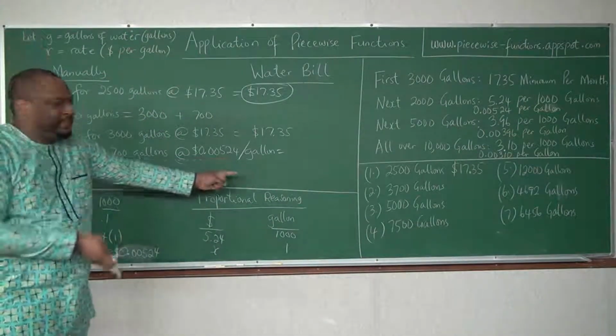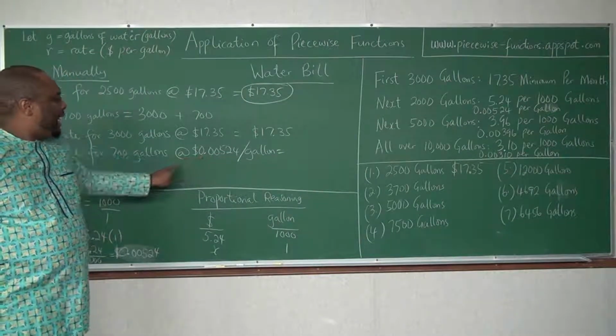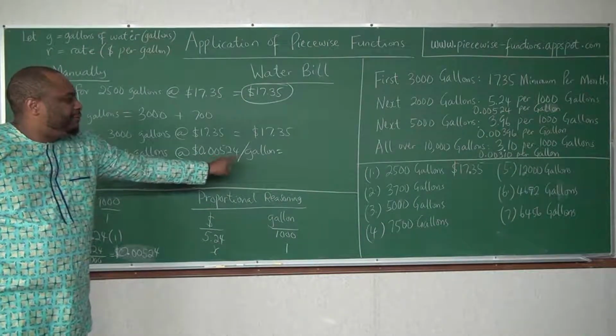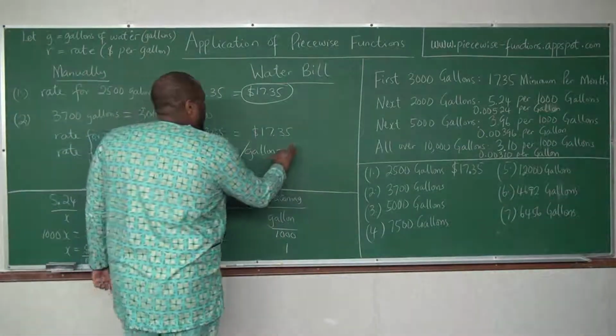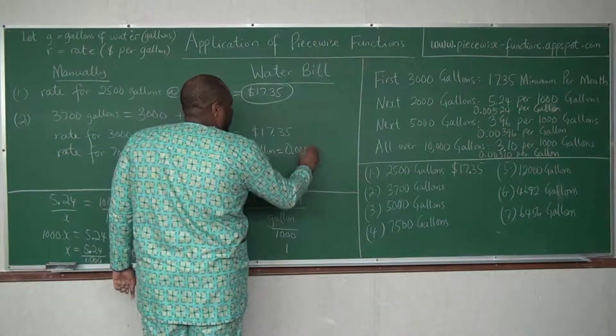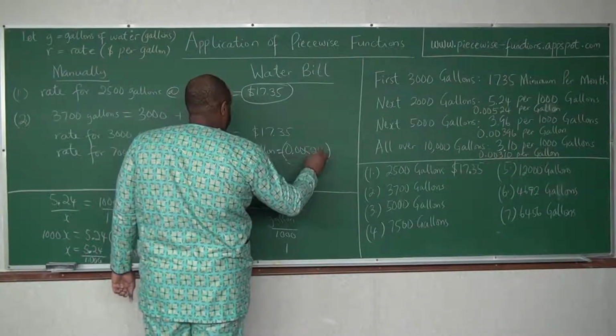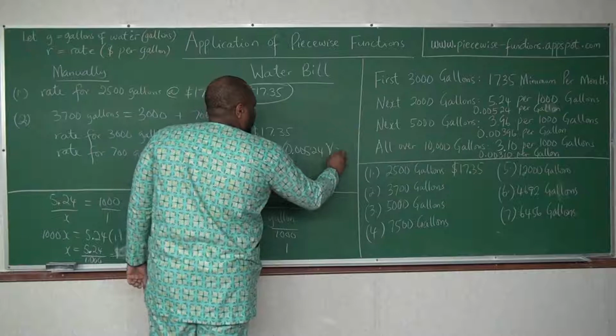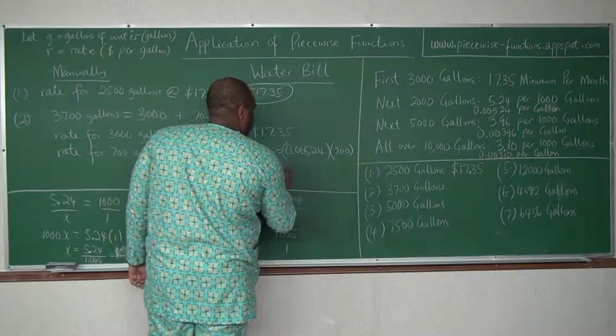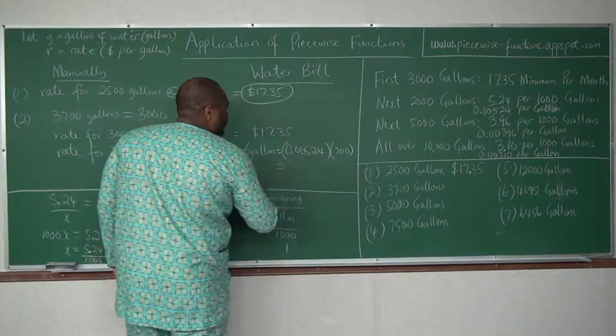You can also put slash. This means at 0.00524 per gallon. Okay, that will give us 0.00524 times what? 700, and that will give us what?